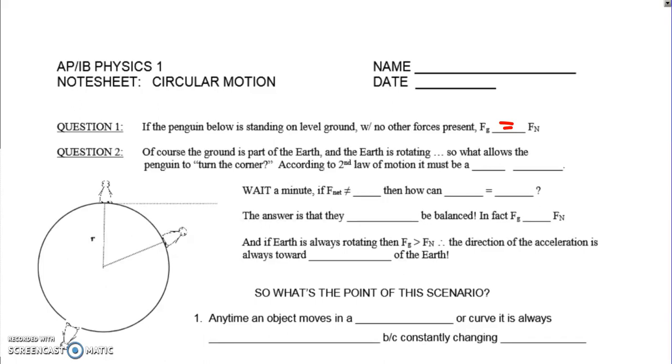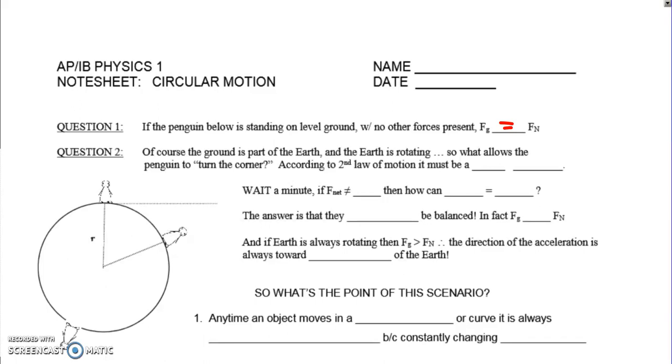But consider this. The ground that the penguin is standing on is the Earth, and the Earth is rotating. So then the question becomes, what allows it to turn the corner? Recall that there are three ways to accelerate: speeding up, slowing down, or turning.